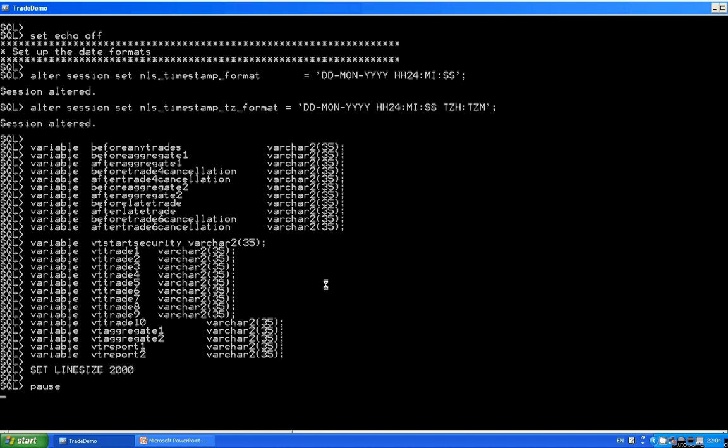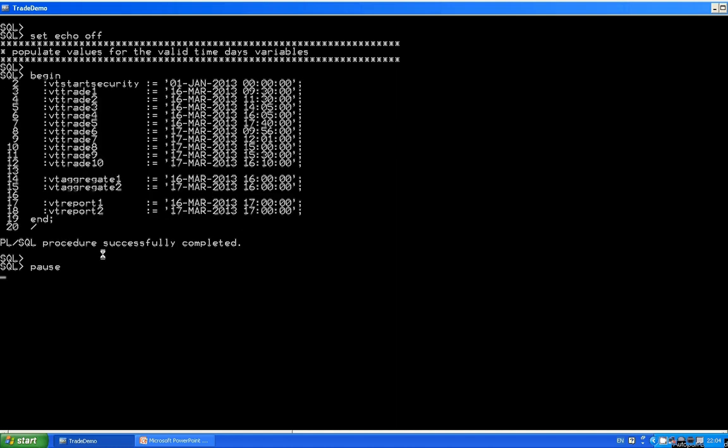So for example, trade 1 is going to be performed at valid time 9:30 on the 16th of March, trade 10, 17th of March at 10 past 4. We're going to aggregate at 4 o'clock on the 16th and at 4 o'clock on the 17th of March, and we're going to report on at 5 o'clock on those 2 days.